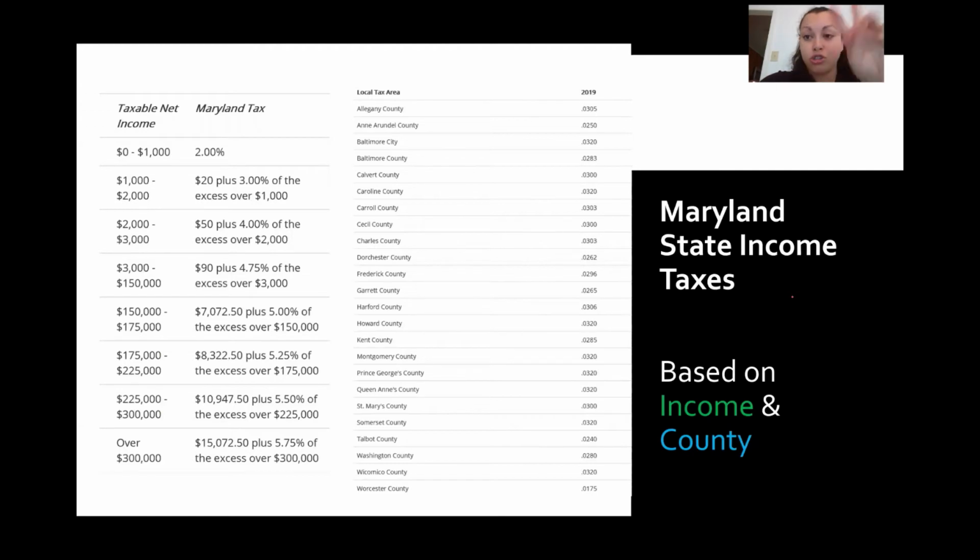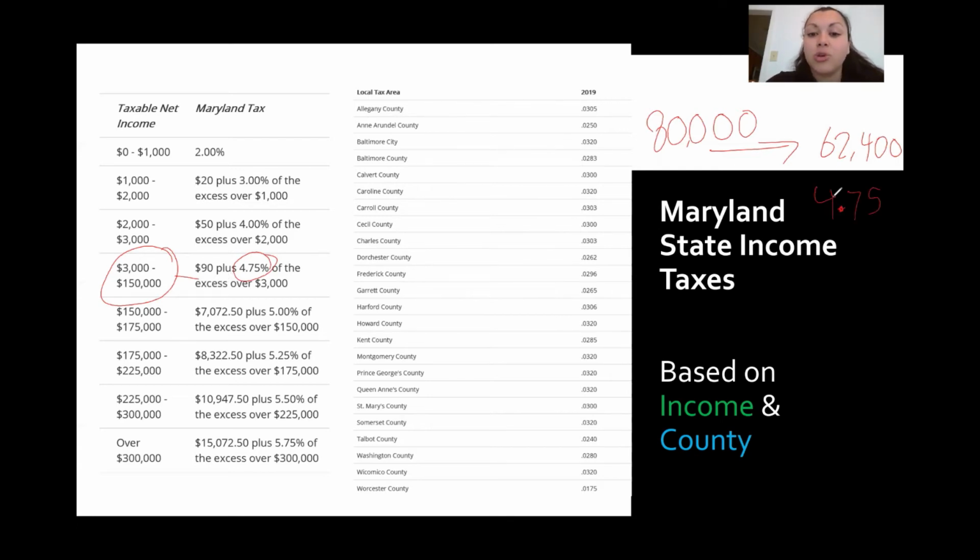Again, it's based on 2 things: where you live and how much money you make. So if we can see here, let's say we still made the $80,000, and after federal taxes were taken away, we only made $62,400. Based on this chart, if we make $80,000, we would fit in this bracket right here, which is 4.75%.